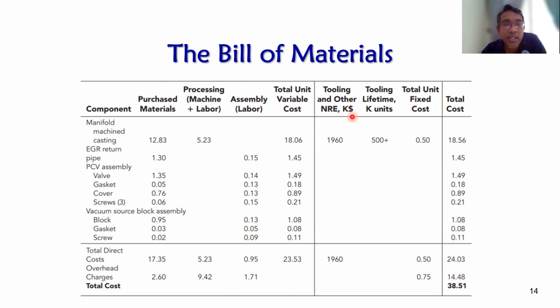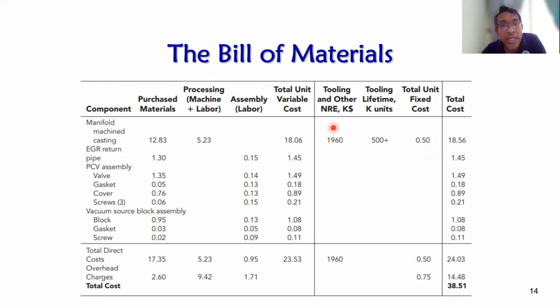Fixed cost is for using machining, or using injection molding and so on. In this case, they use machining for the casting part. They get a casting product, but they need to machine it, and they need to invest in buying a machine to achieve the specification. So the part needs to be machined.